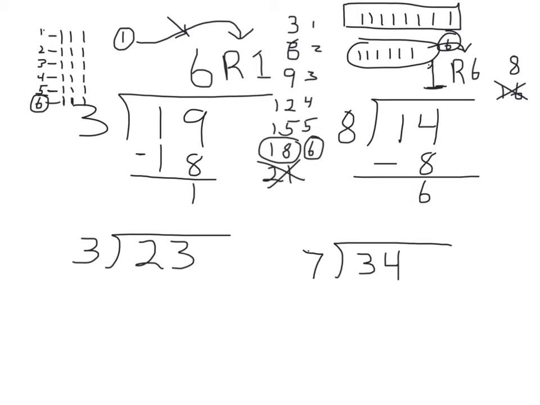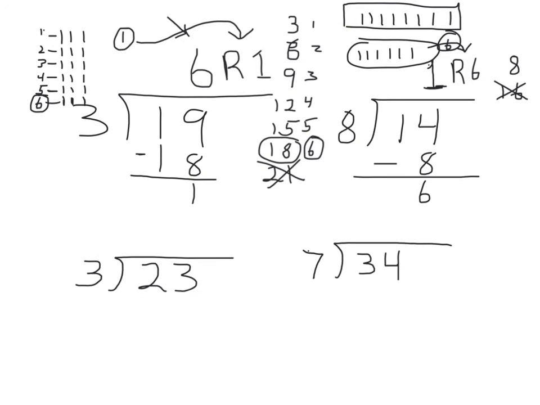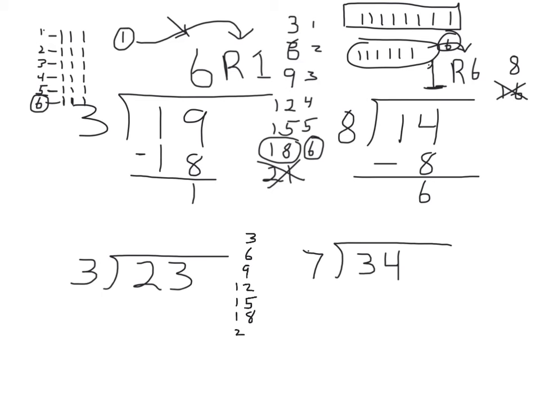Let's try another one. So we have 23 divided by 3. So we're going to put 23 into groups of 3. Again, I can skip count and see how many 3s fit into 23. Okay? So 3, 6, 9, 12, 15, 18, 21, 24.